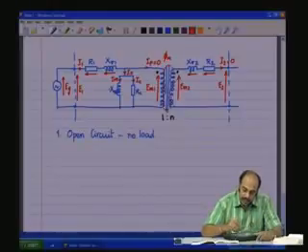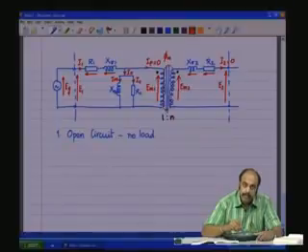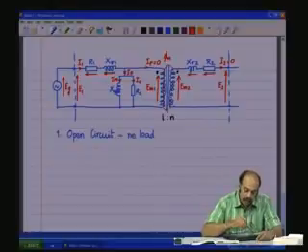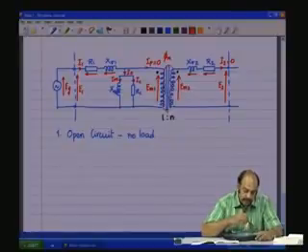Now, as I2 is 0, the presence of this leakage reactance and the winding resistance is not needed, and as the winding resistance and the leakage reactance are very small, the I0 into the impedance drop will be very small compared to the voltage which is applied.